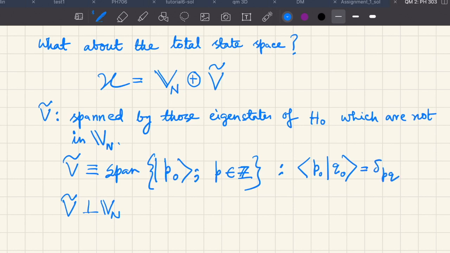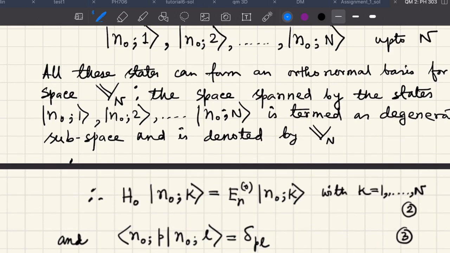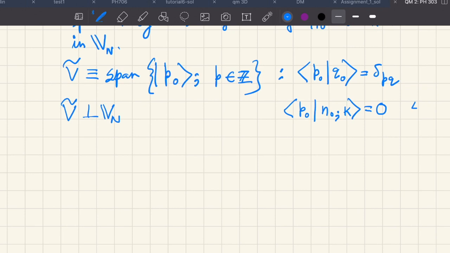However, because V tilde is orthogonal to Vn, we will have the inner product of P naught with n naught, k equal to 0. Let us call this equation 4.